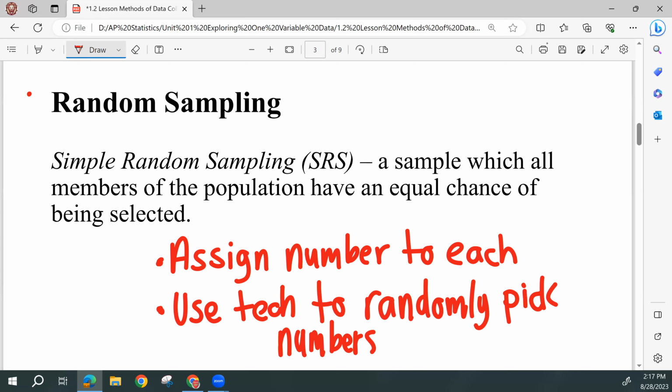We can randomly generate perhaps 100. Maybe we want to get a sample of 100 students in this school, just a simple random sample. So we would randomly generate 100 student numbers. Of course, we'd want to make sure there was no overlap. So if we randomly generated the same number twice, we'd want to do an extra one. And then we would select those 100 students to either give our survey or look up information about.